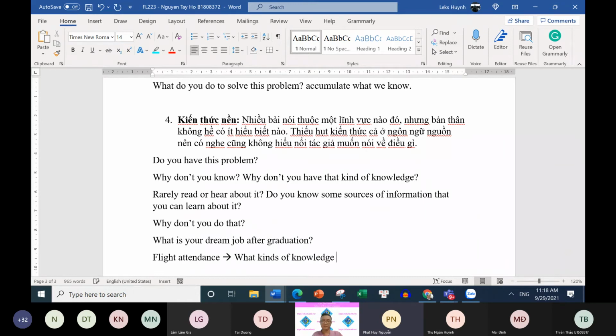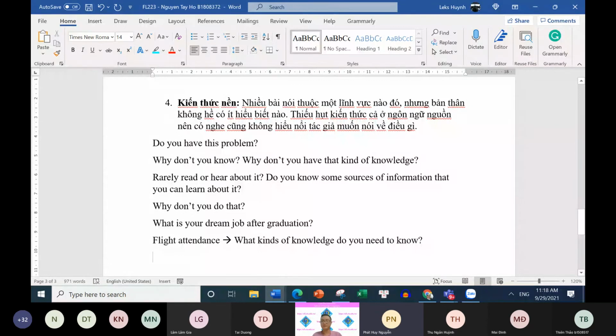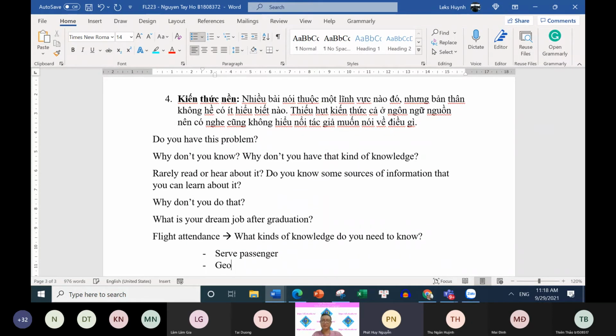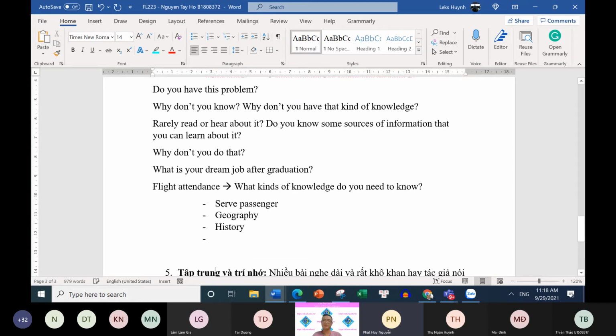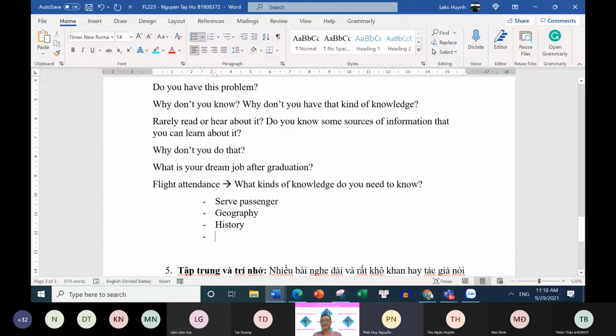I need to know how to serve passengers, customers, and about geography, history, a lot of things. I think the more information we know, the better it is for me in the future.